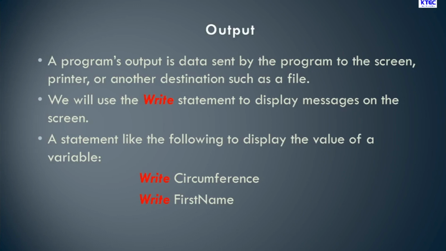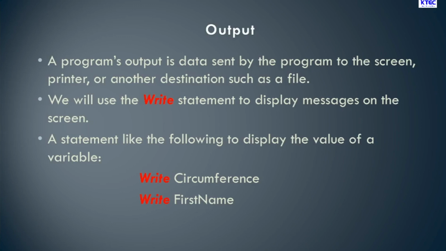To tell the computer to show something for the user to see, we use write. When the computer sees write, it understands that we are saying display the results for the user to see. Show the output of what you have processed.